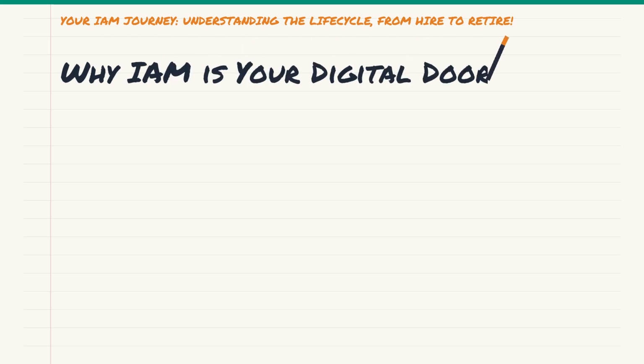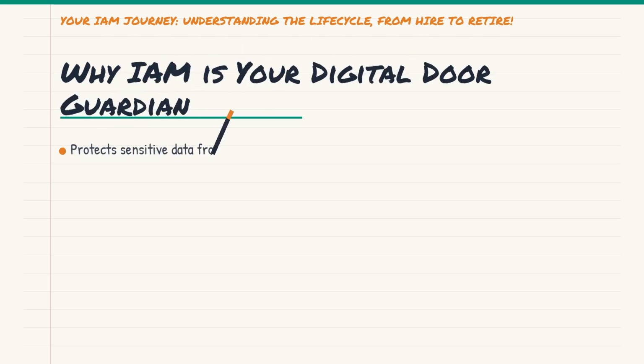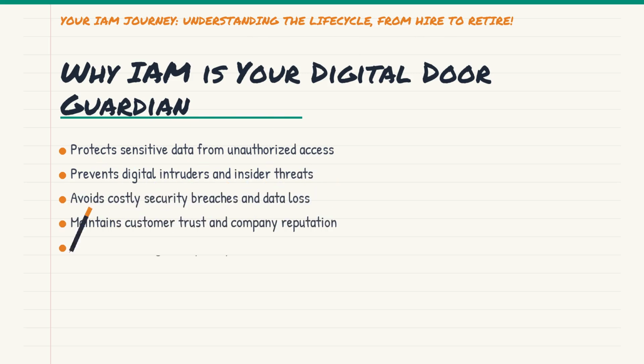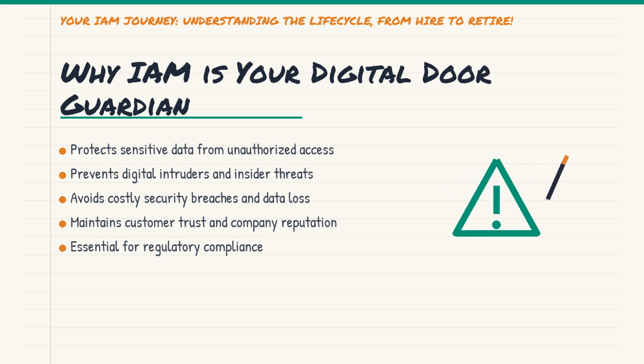Why do we even bother with all this? Well, ever wondered how big companies protect their customer data, their financial records, or even just their internal emails? It's largely through strong IAM practices. Without good IAM, it's like leaving all the doors in that office building unlocked, with a big welcome, everyone sign.